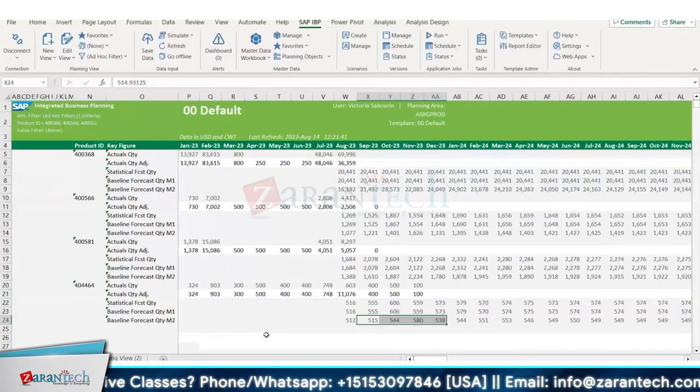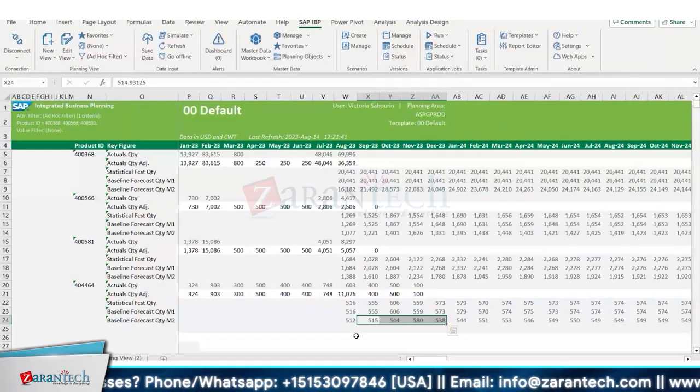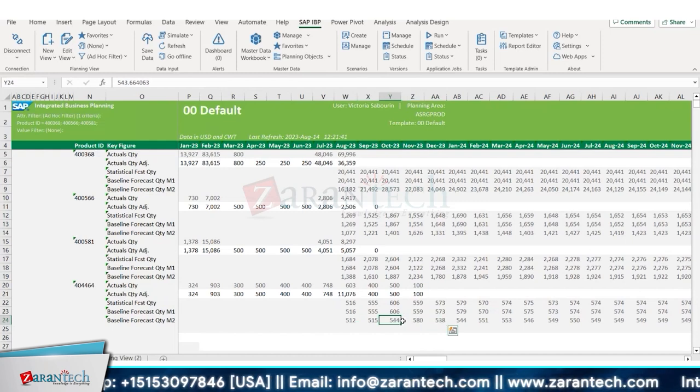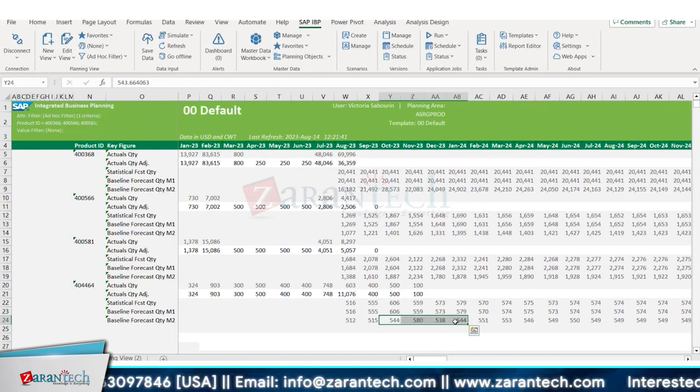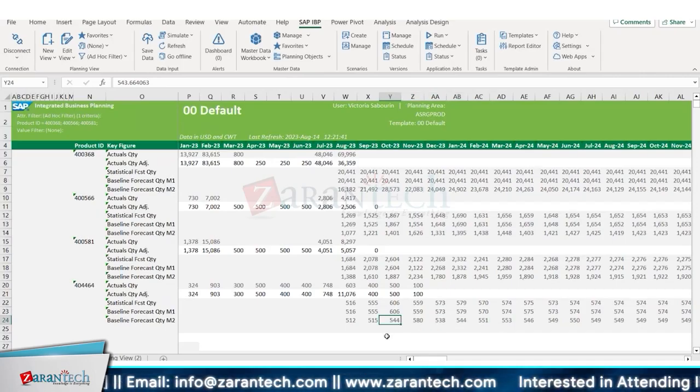So in short, the system has two statistical forecast lines, baseline forecast M1 and M2, and the system selects only one of them. For certain cases it selects M1, and for other cases it may select M2, because we have asked it to select the best one. In this case, M1 is the best one because it is giving you a lower MAPE.